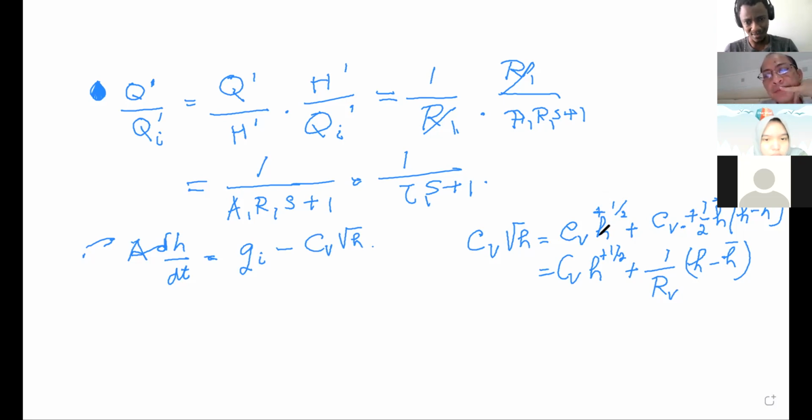Now you can use this as 0 at steady state. Oh no, before steady state I should still put dH/dt. As I told you before, I should put this into Qi minus this one, right?